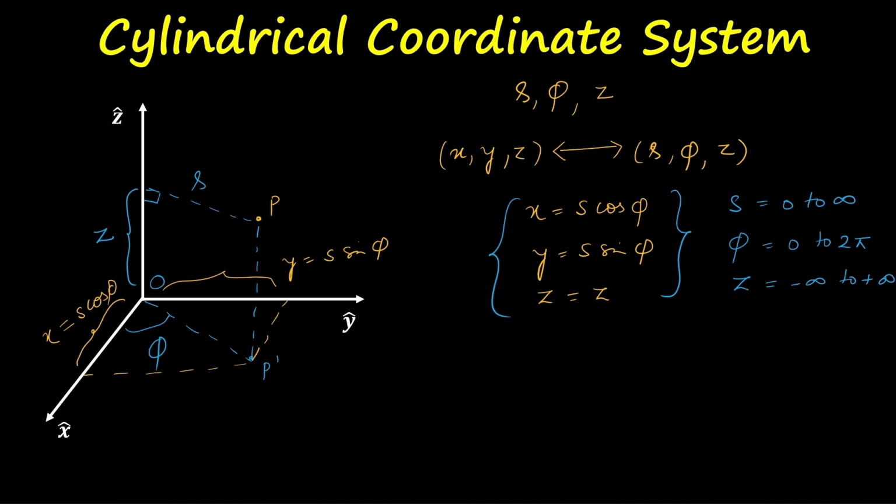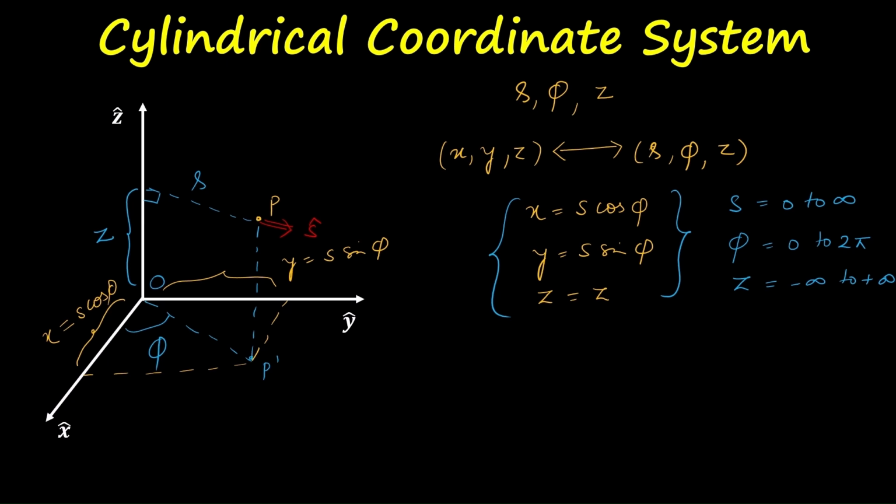Now let us try to visualize the unit vectors of the cylindrical coordinate system. For the s vector, s cap will be in this direction. This is the s cap.